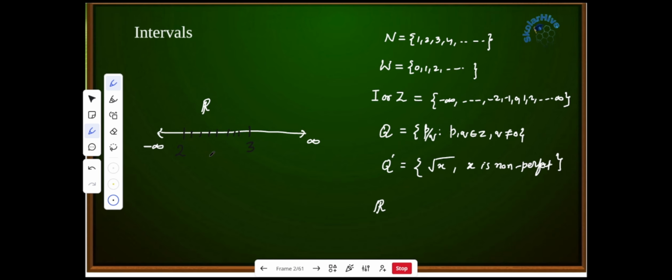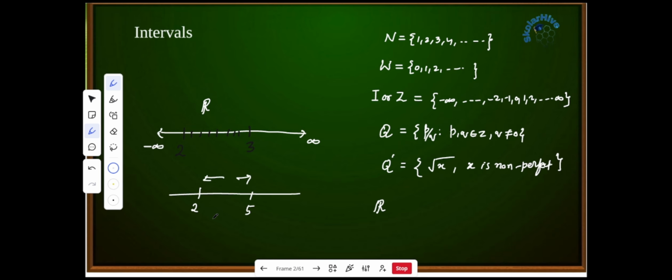So an interval is nothing but the real numbers between two given real numbers. For example, say we have the points 2 and 5, and we want to represent all the points lying between 2 and 5.